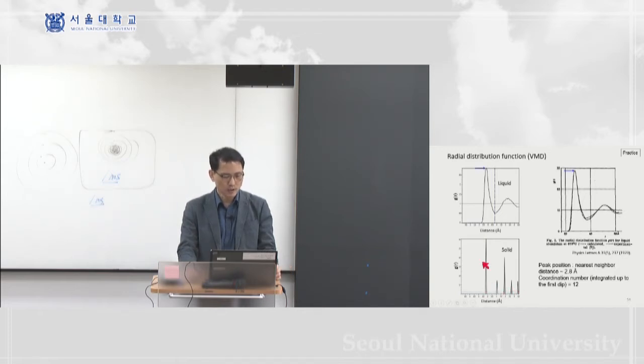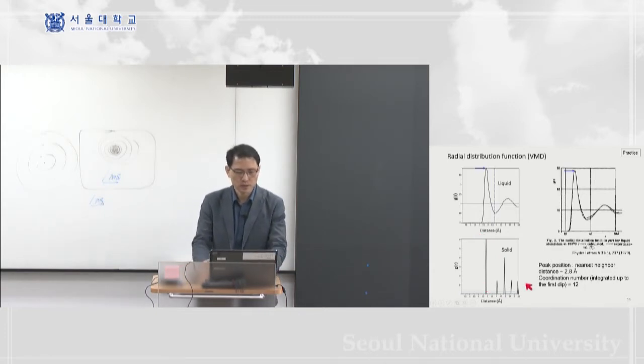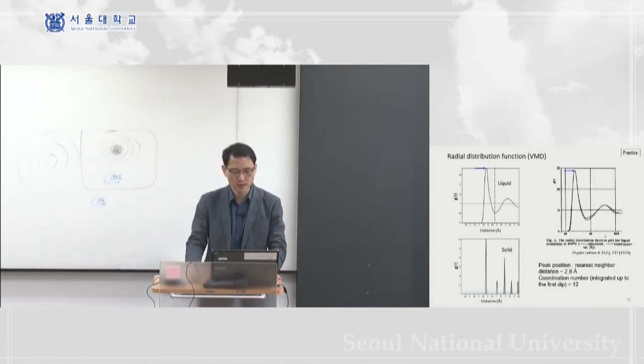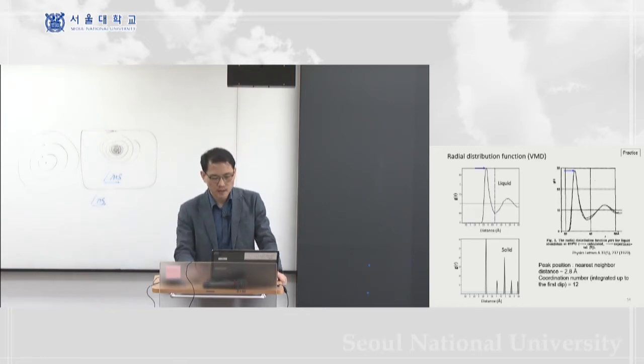Okay, so in the solid you have the first nearest neighbor, second nearest neighbor, third nearest neighbor. You have g(r) peaks only at the specific bonding distances, and you can see that in the liquid phase they are basically broadened. All right, so the liquid radial distribution is a broadened version of the solid distribution function.